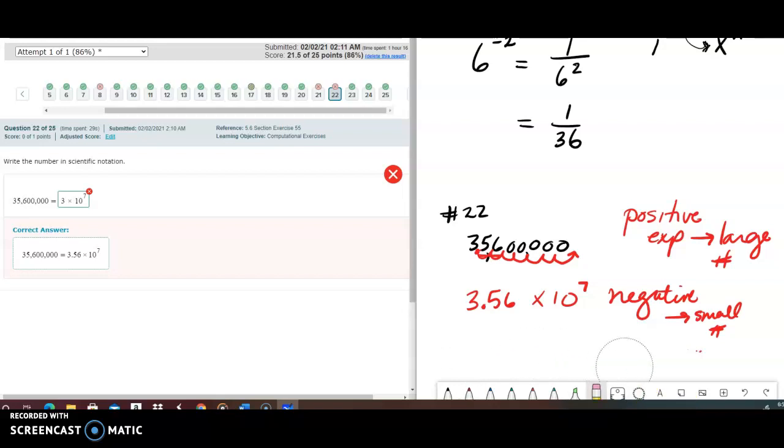Sometimes some books will say, move it to the right, move it to the left, depending on how you're looking at this number, and you have to remember whether it's positive or negative. This is the way to do it: if I have a large number, 35 million is a large number, I keep my exponent positive. If I have a small number, my exponent's negative.